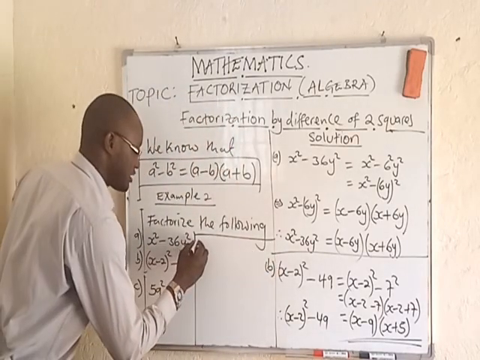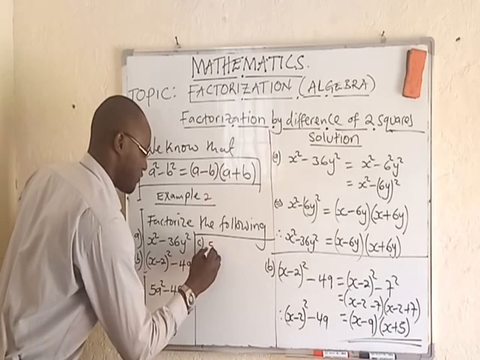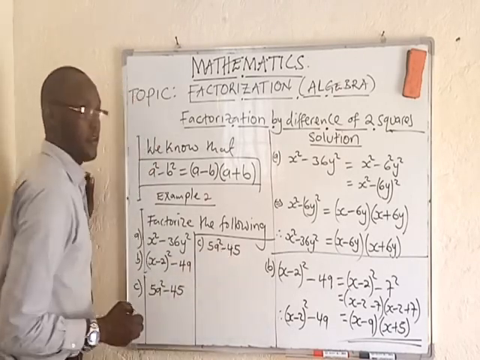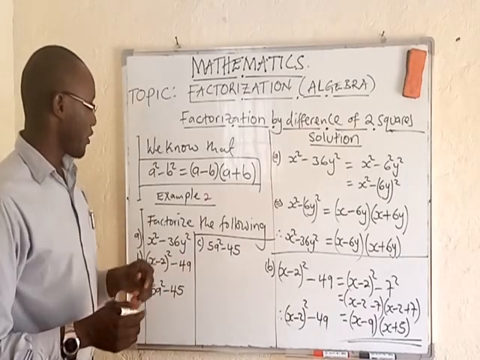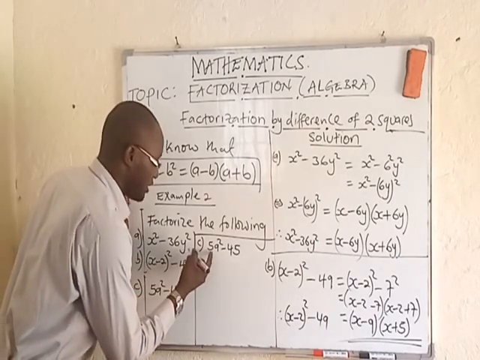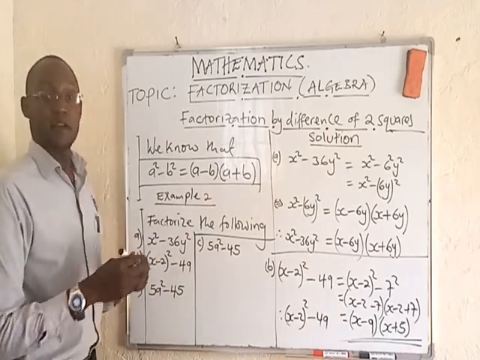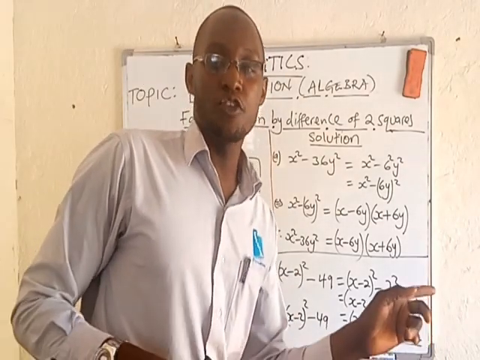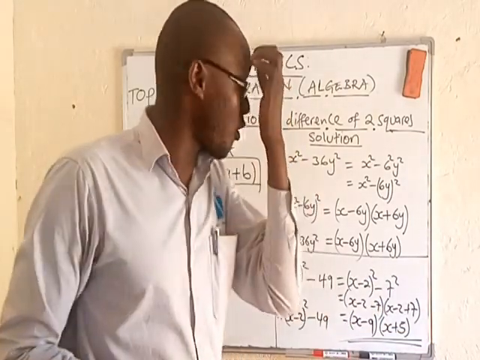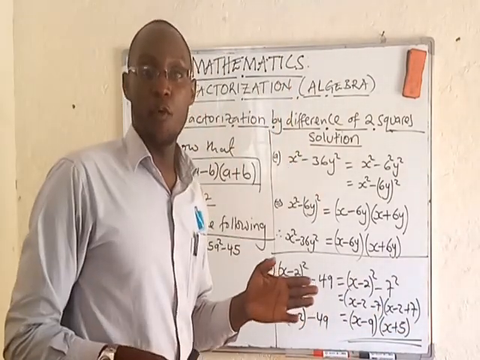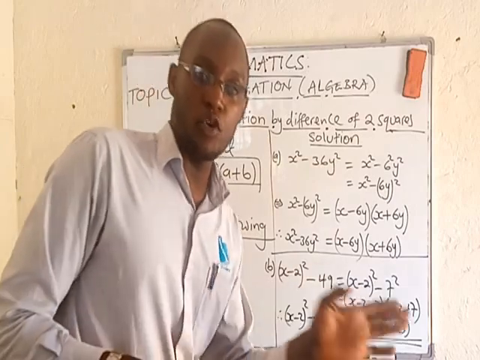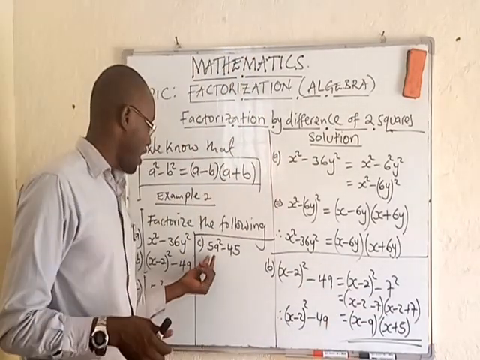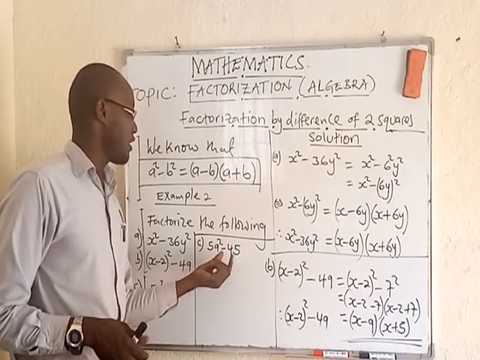So part C is saying simplify 5a squared minus 45. Very wonderful. So how are we going to deal with this? I'm seeing 5 cannot be expressed in terms of a square. So this takes us to the preamble, to the very beginning of our concept of factorization. We recognize the common factor and pull it out. So 5 is a common factor, a factor of 5 itself and then 45.